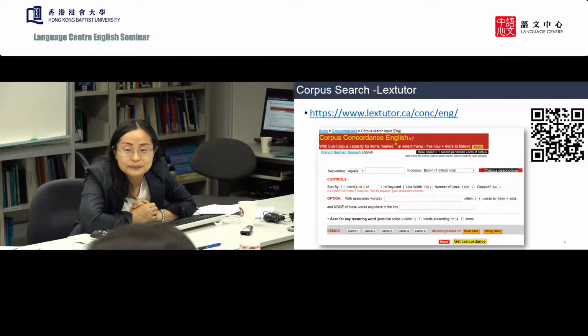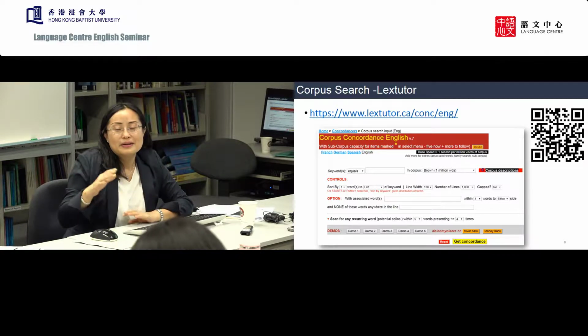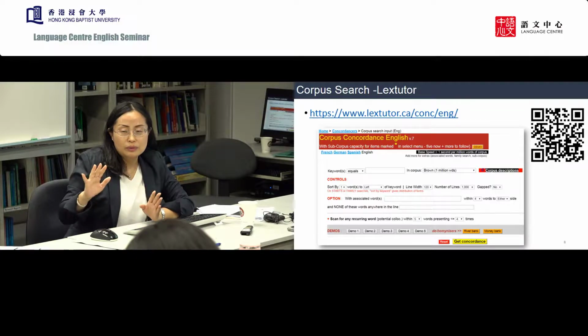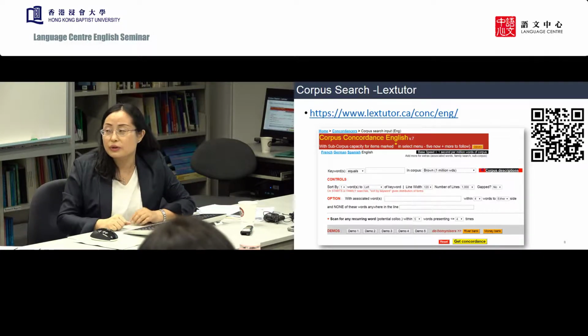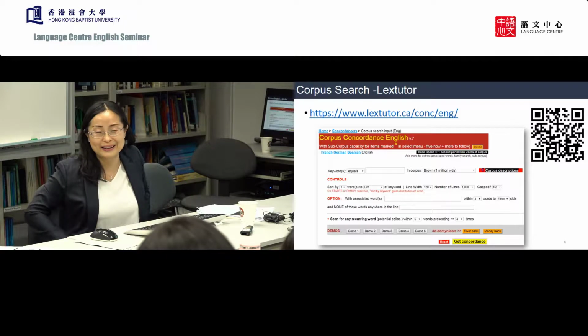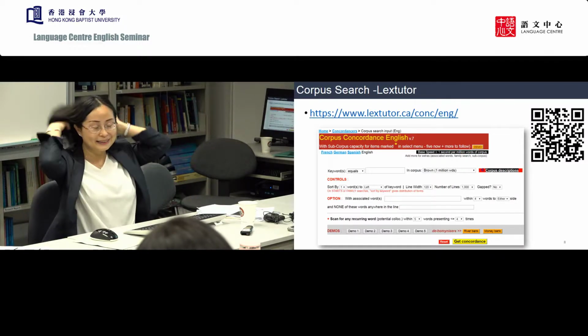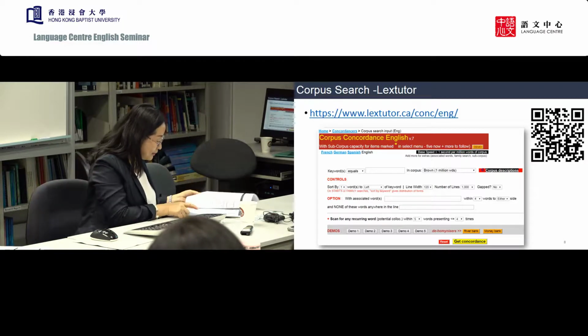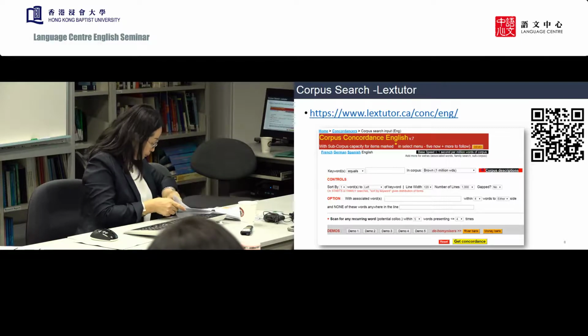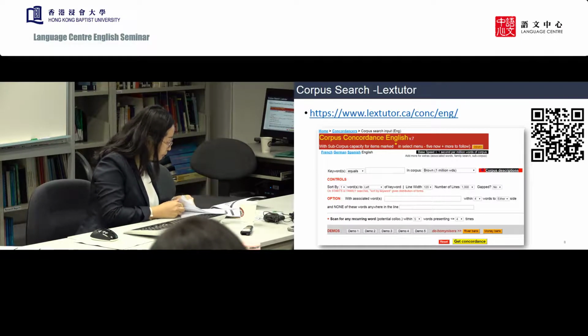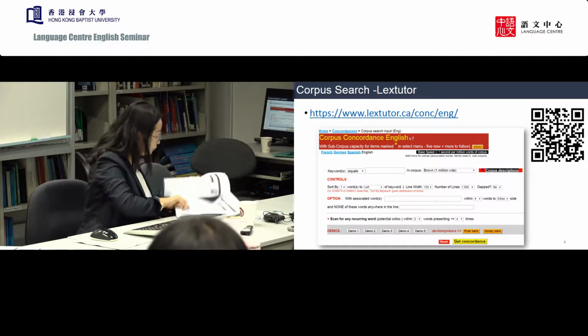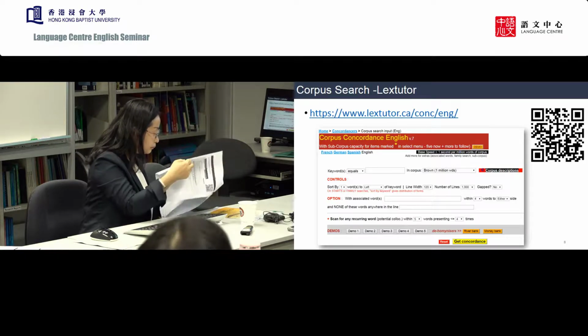Fourteen million is a big one. So you got many lines, still coming. If you choose a big corpus, it will take a longer time for the results to show up. Is COCA a race? Yes.